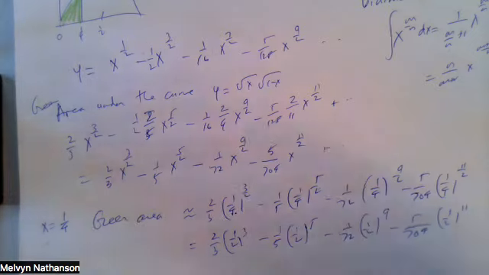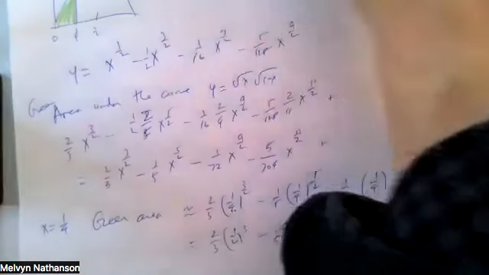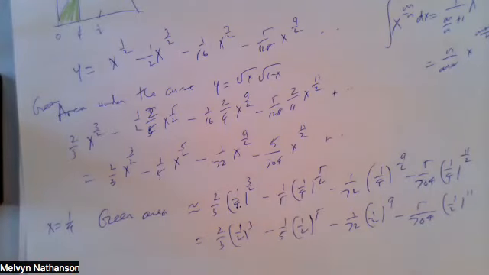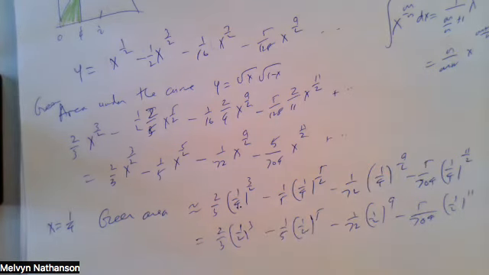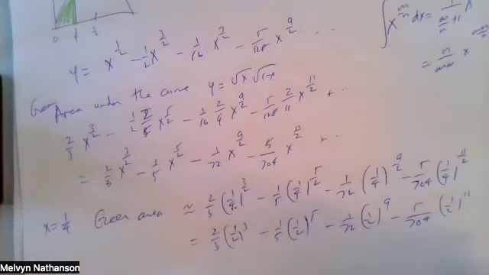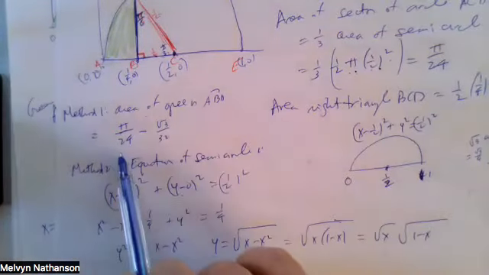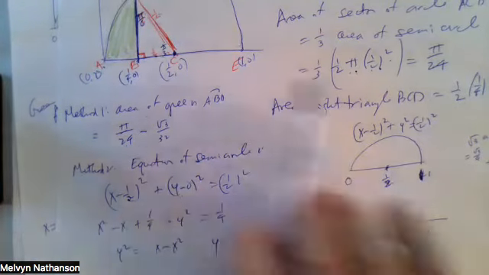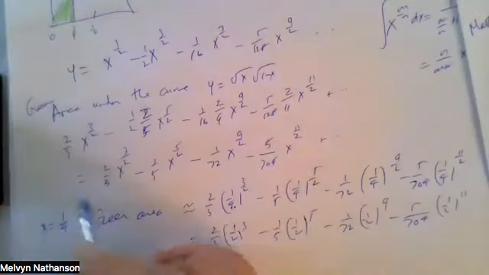What did we get the first time? Yeah. When I calculated this the first time, I got pi over 24 minus root 3 over 32.